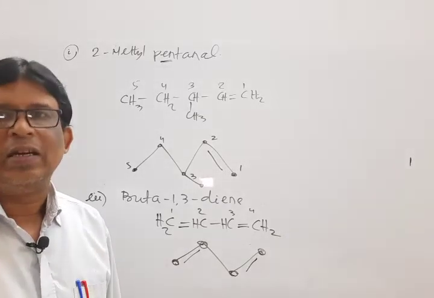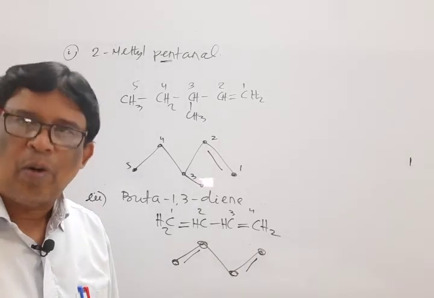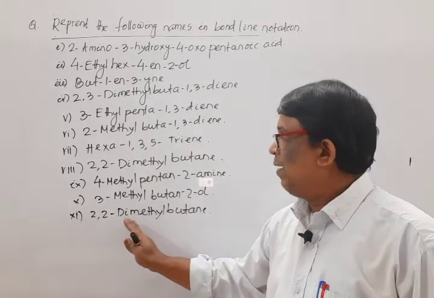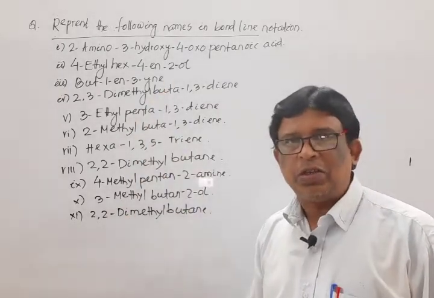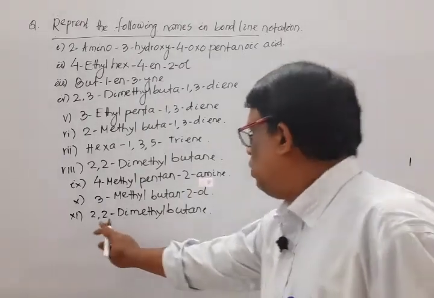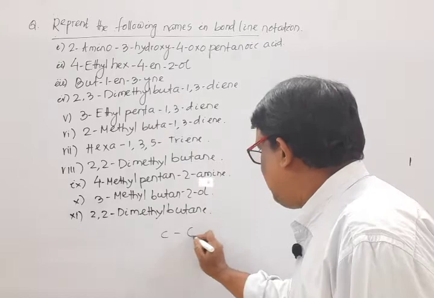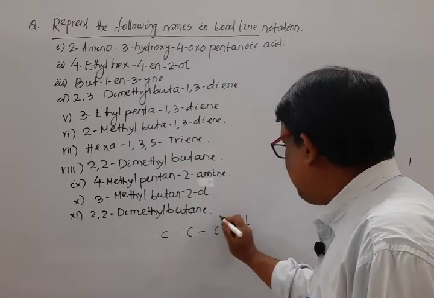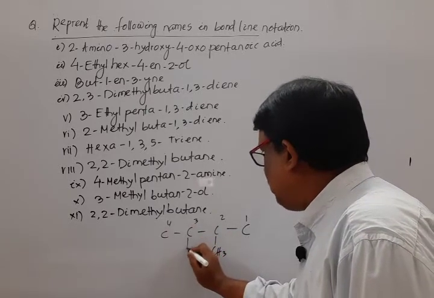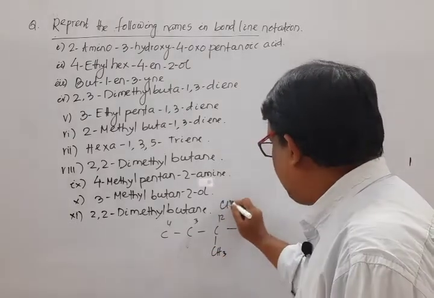So in this way, let us try to write some IUPAC names in bond line notation. Mark that. The question given, we have to represent its structure in bond line notation. Let us solve one by one. Mark that. 2,3-dimethyl butane. Root word 1, 2, 3, 4, 2 position 1 methyl, 3 position 1 methyl.